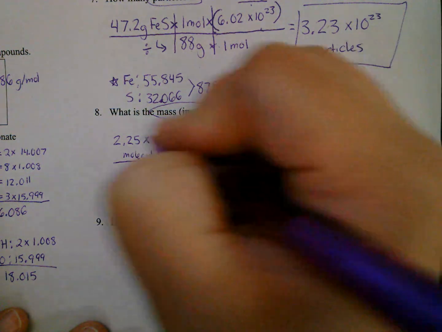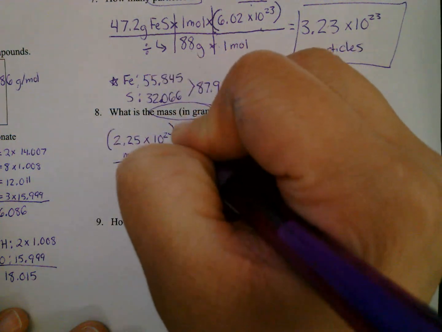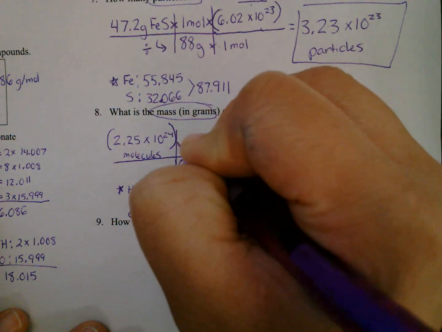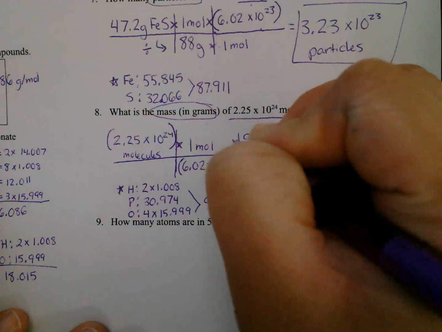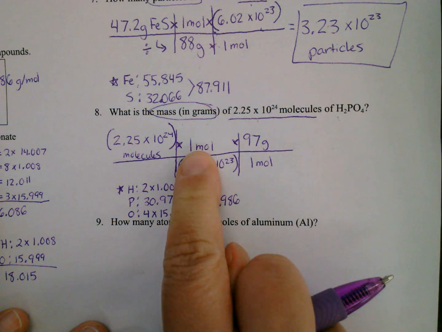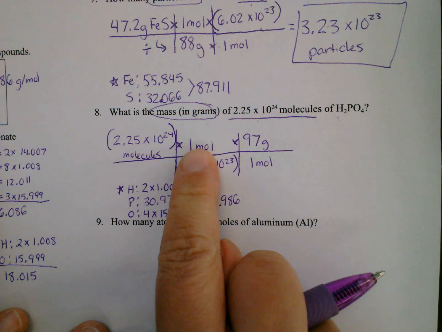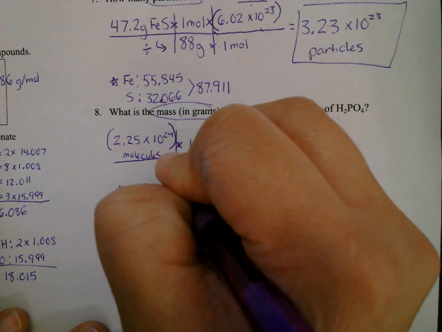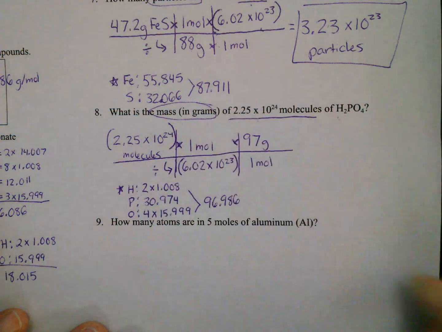Now I can solve. Remember to put those large numbers in a parentheses. We're going to multiply the top numbers. You don't really need to multiply by 1 because any number times 1 is the same. But you are going to have to divide by that bottom number when you're done.